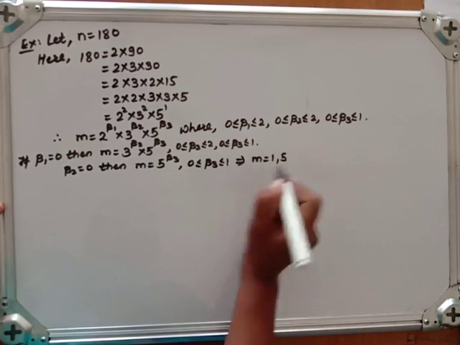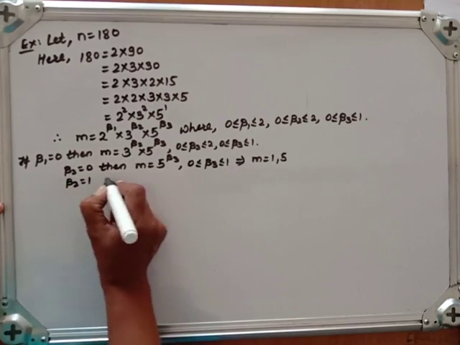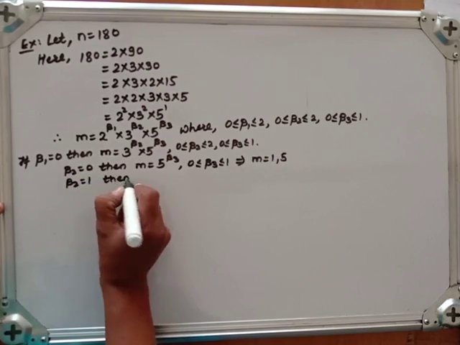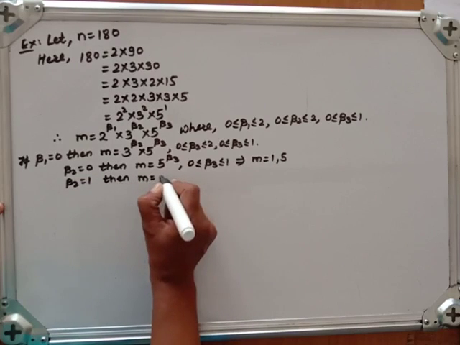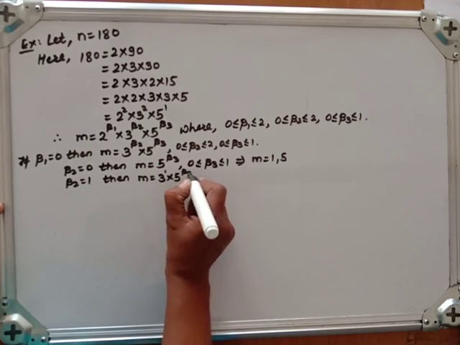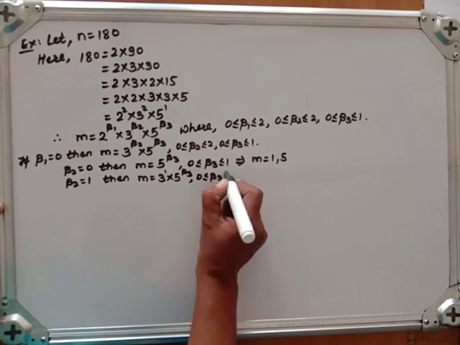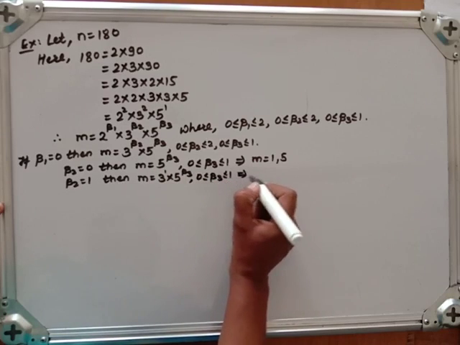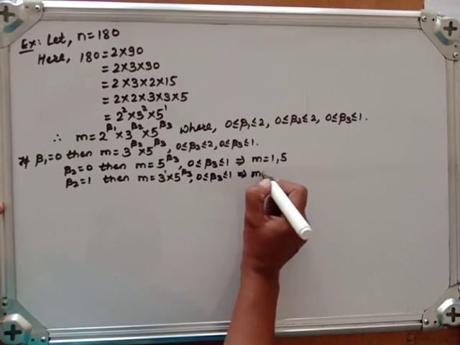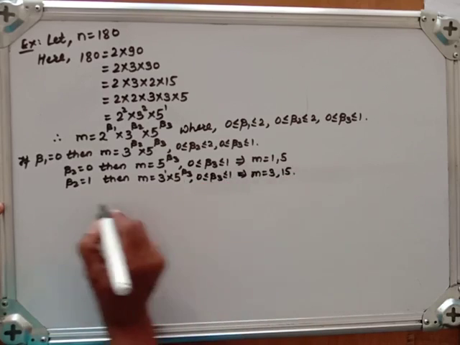So that gives m equal to 1 and 5. Okay. Now beta 2 is equal to 1. Then m is equal to 3 raised to 1 into 5 raised to beta 3, where 0 ≤ beta 3 ≤ 1. So that will be m equal to 3 and 15.